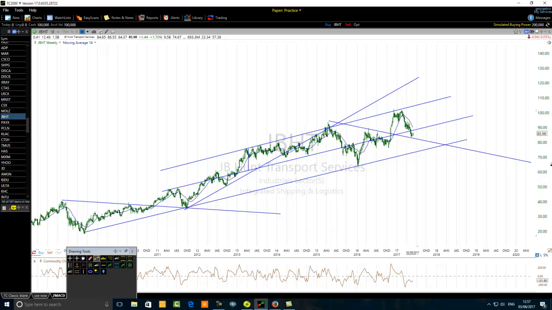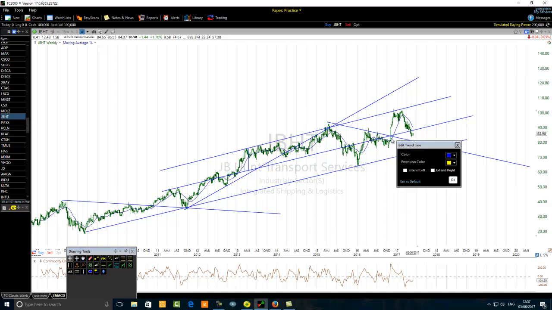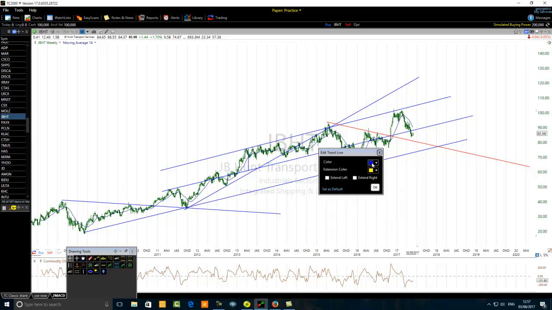Here it is. So I'm connecting this one and this one. So I can put a bit of color into it so I can know which line is which one. I'll leave the channel in blue and color them. All right, that's how I'm doing it on the weekly chart.